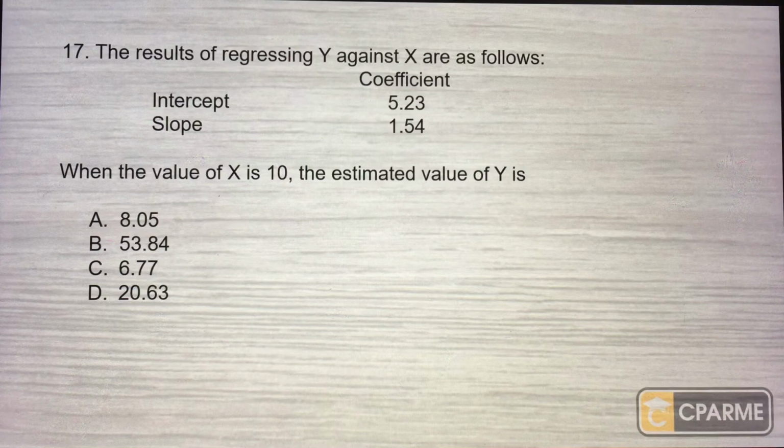Okay, substitute lang natin dun sa the equation ng simple regression, y is equals to a plus bx. So another term for y, another term for a, then another term for b. Y is the intercept, and then b is the slope. Then substitute. So 5.23 plus 1.54 multiplied by 10.